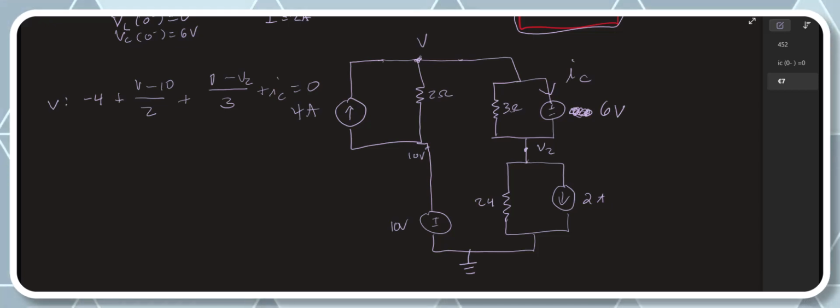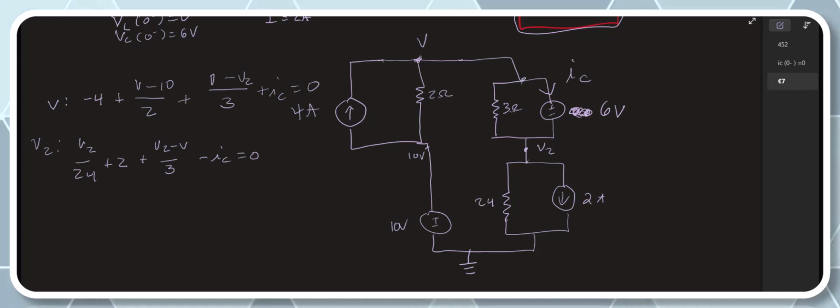And then at V2, I have V2 over 24 plus 2 plus V2 minus V over 3 minus IC equals 0.